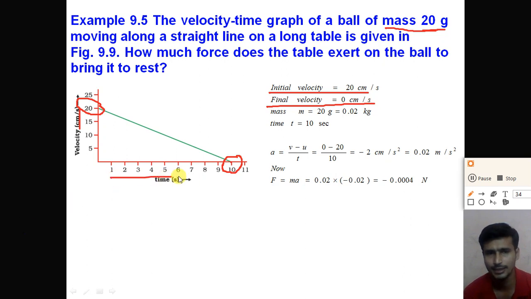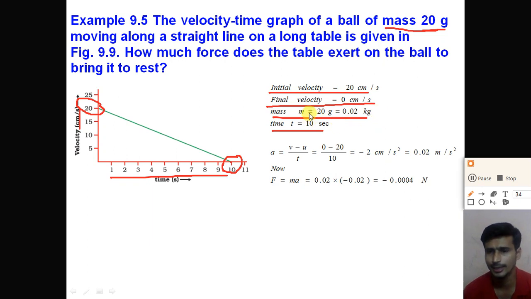The time it takes to stop is 10 second. The mass of the ball m is equal to 20 gram, that means 20 divided by 1000, which is equal to 0.02 kg.